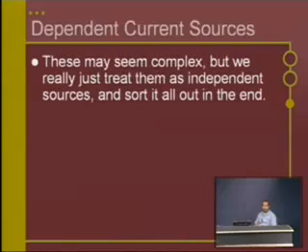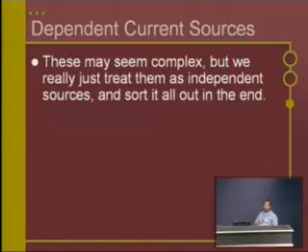Dependent current sources, we added those in. Just like a couple of lectures ago when we started talking about dependent sources and writing KVL and KCL equations for them, it may seem complex originally, but it's really the same way we always do it: treat them initially as an independent source, then write a controlling equation in terms of some other component of the circuit, something that already is there.